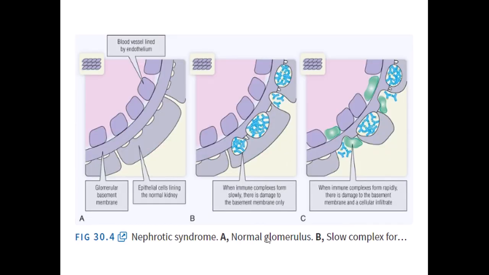This slide shows the effect of the deposition of immune complexes on the kidneys, in the development of what we call nephritis, or nephritic syndrome, inflammation like glomerulonephritis, or in the nephrotic syndrome, where the protein just will pass through the kidney.